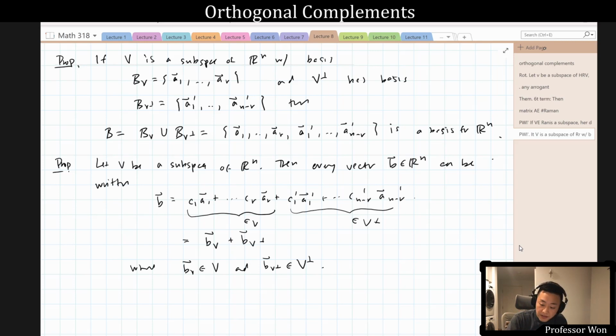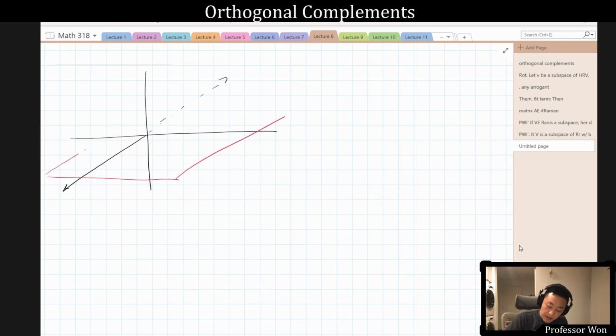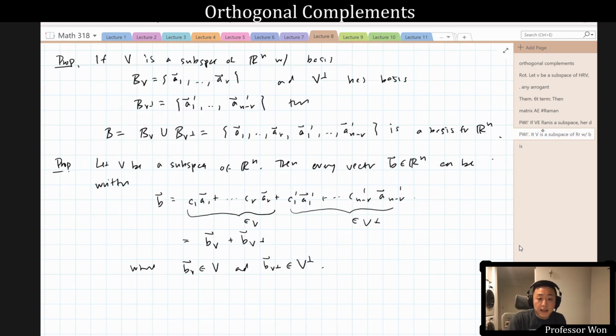Okay, so what's the picture? The picture is the important thing here, right? So the picture is, suppose, let's just take our favorite vector space V, which is the xy axis, but this will work for any subspace. If you take any vector that you want in Rn, what this proposition says is you can write it as something in V plus something in V perp.